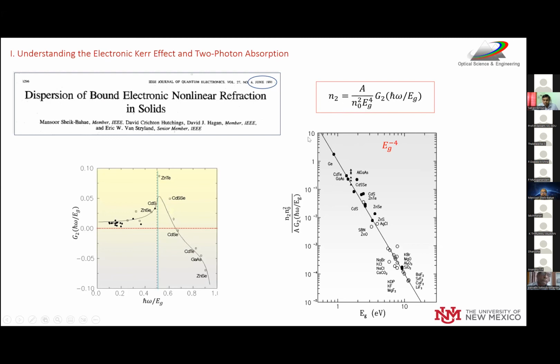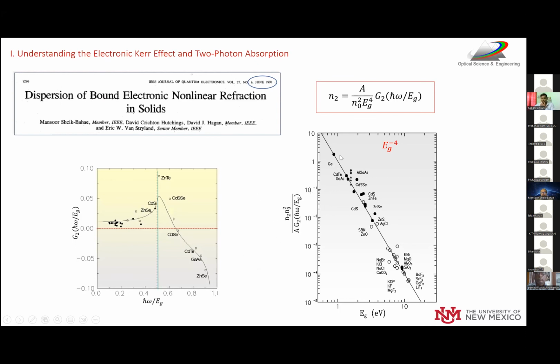This simple model not only predicted the dispersion; here are all these materials, zinc selenide, cadmium sulfide, and again zinc selenide, the two zinc selenide data sets that I showed you. All of these different materials at different wavelengths fitted this curve very nicely, even down here, which I'm not showing.